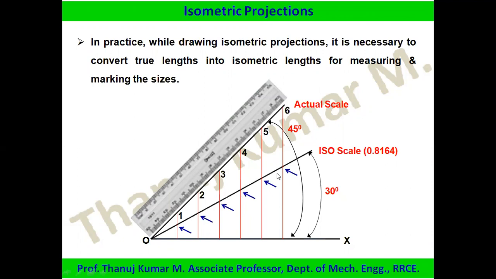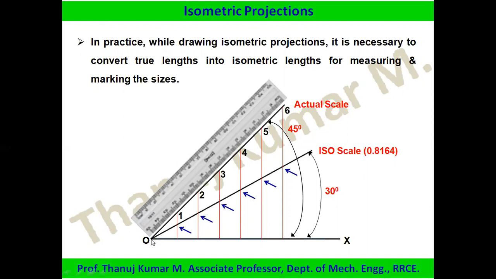So for the isometric scale, if I talk about 1 centimeter or 10 mm, then I have to measure this distance on the 30 degree angle line. I'm not measuring the exact actual scale, but I'm measuring the isometric scale. I can take the divider or the compass, center O and 1 here.